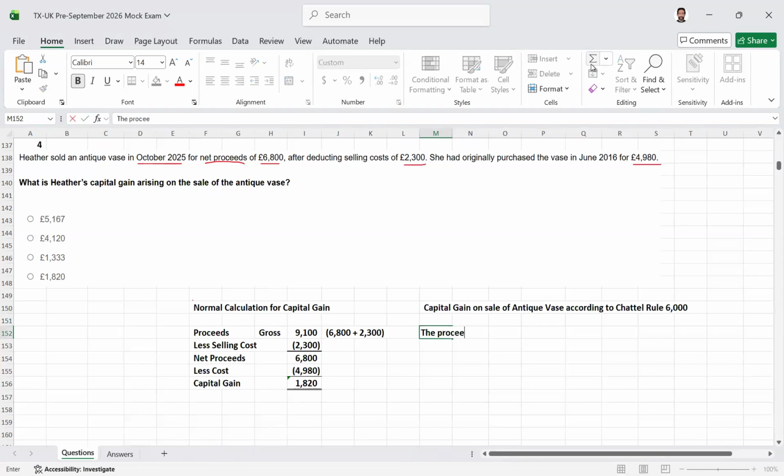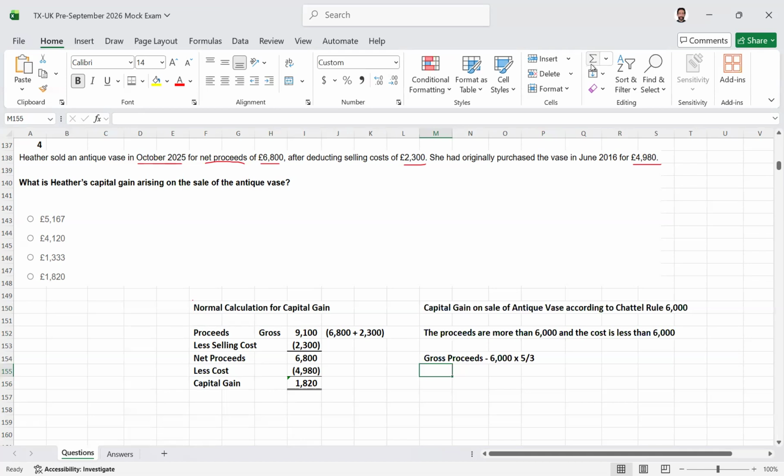The proceeds are more than 6,000 and the cost is less than 6,000. So what is the procedure? Here the gross proceeds come in: gross proceeds less 6,000, multiplied by 5/3. This is why I calculated the gross proceeds.